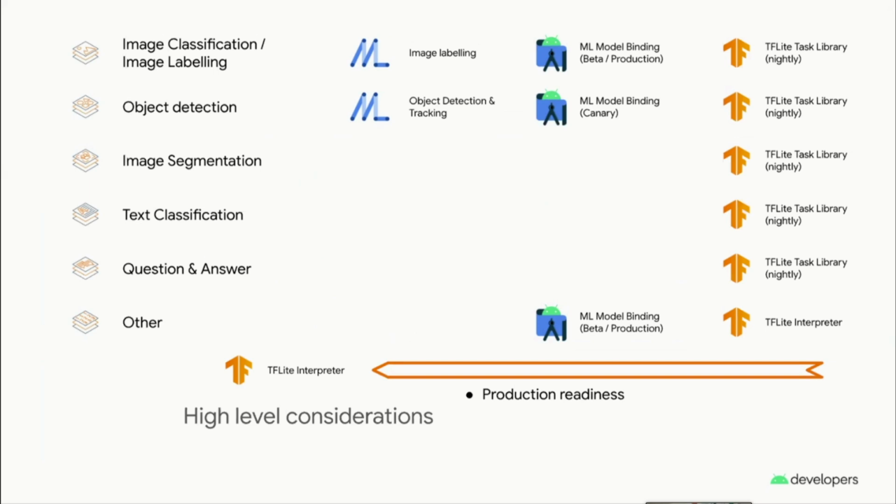Those are very mature solutions that I feel very comfortable putting into production. On the other side, we have the ML model binding that is just about coming into production. We have gone through the testing in Canary and Beta, so I think it is almost there. And then on the other side, you get the bleeding edge nightly build of the TF-Lite Task Library. So that's one consideration, production readiness.